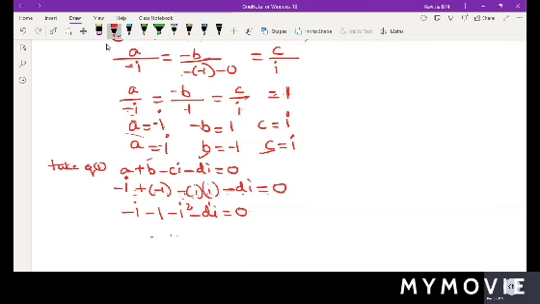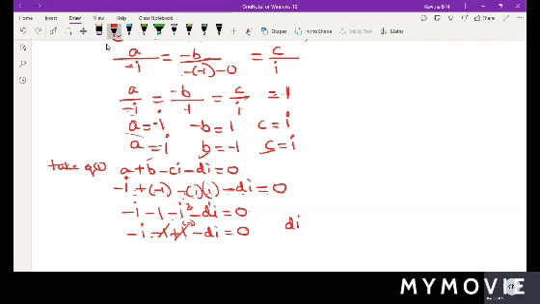Next, minus i minus 1 minus i square is plus 1, then minus i square is minus 1, means minus into minus plus 1 minus di is equal to 0, means minus 1 plus 1 get cancelled.